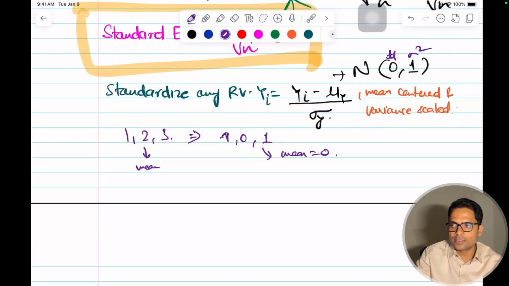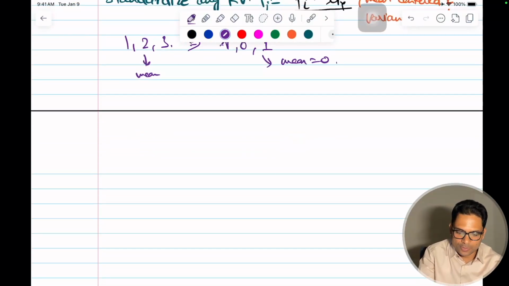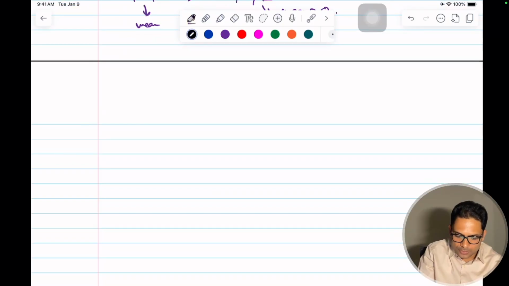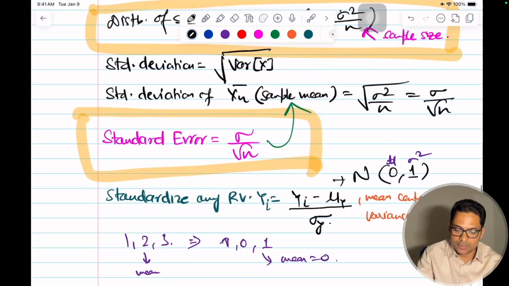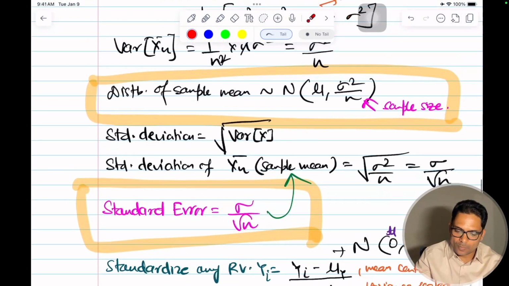So I'm just standardizing and showing you to give you one more piece of information around this. Z is the symbol for Gaussian. Zn is equal to, so I'm standardizing my sample mean.